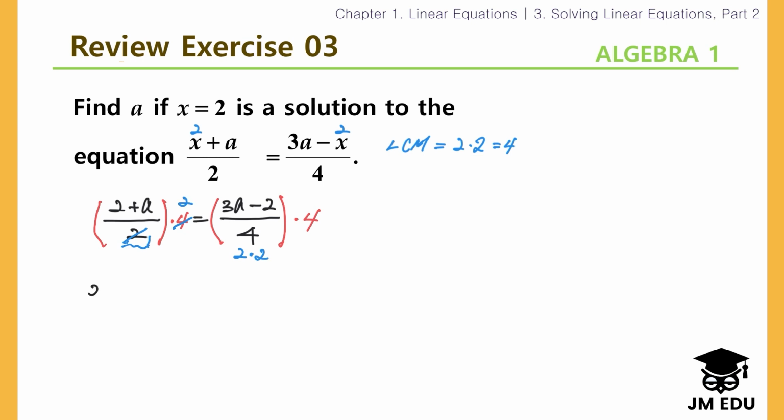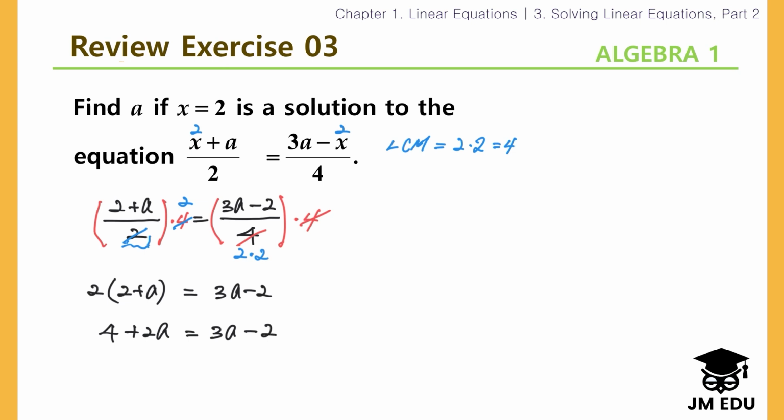So we have 2 times 2 plus a, that's going to be 2 plus a, is equal to 3a minus 2, because this one cancels out, right? So let's simplify the left hand side. We have 2 times 2, 4, 2 times a, 2a is equal to 3a minus 2.